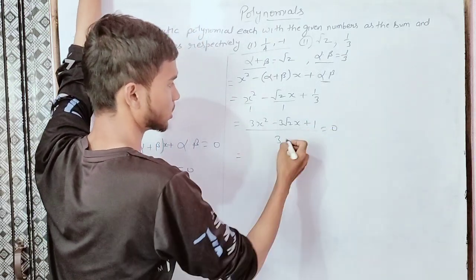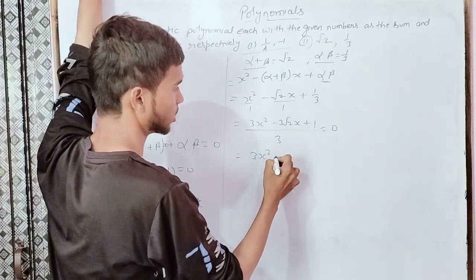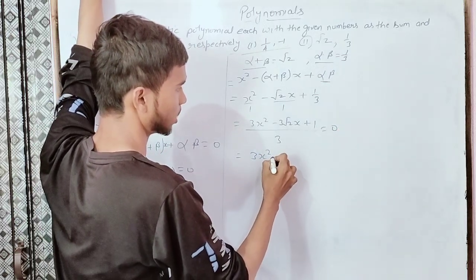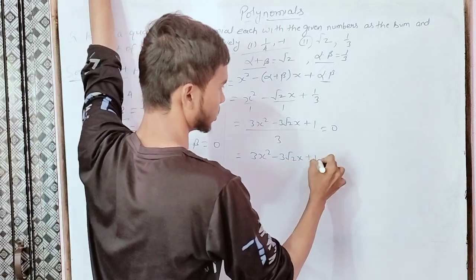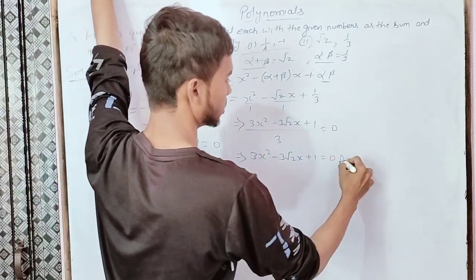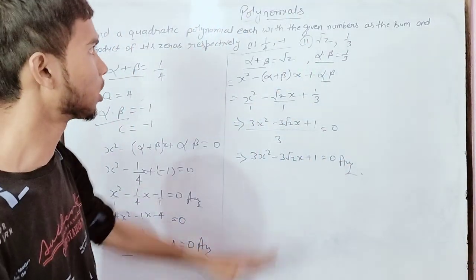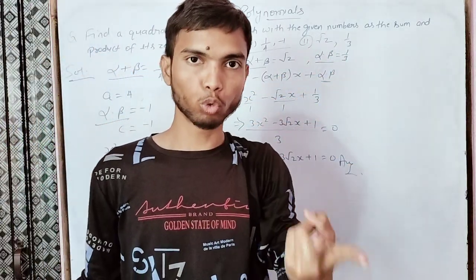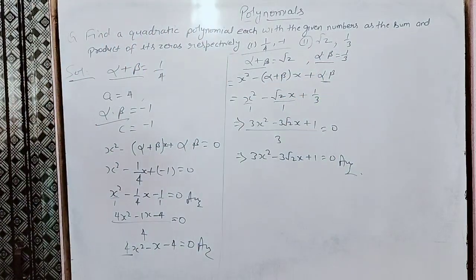So this will go this side, will be 0. 3x square minus 3 root 2x plus 1 will be 0. So finally this is answer. We have found quadratic polynomial of given two zeros. So this is a final. That's how you will find.